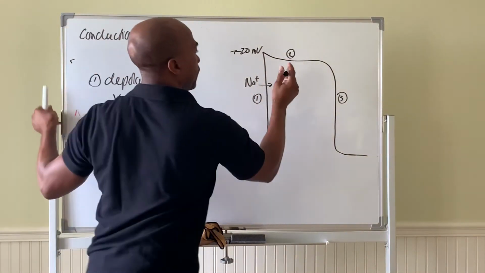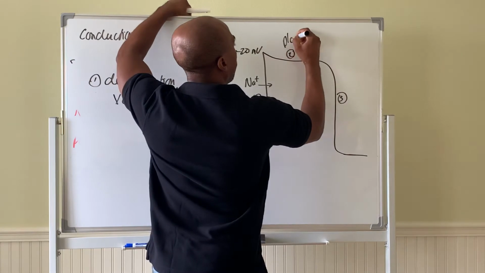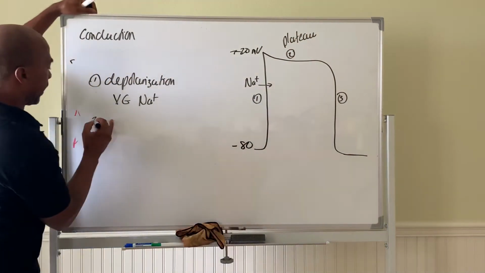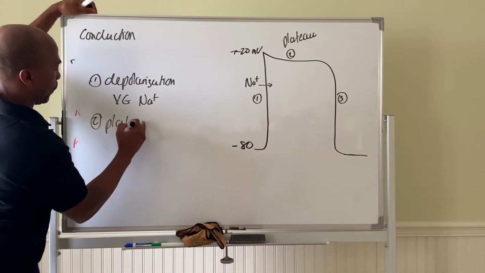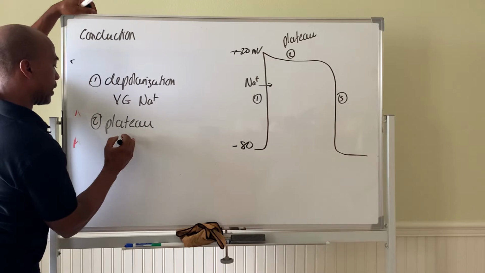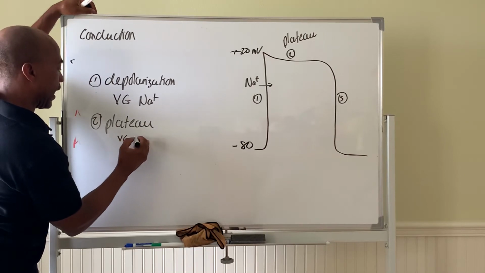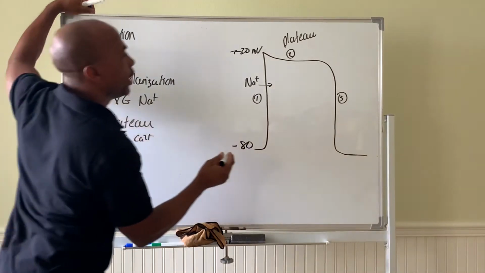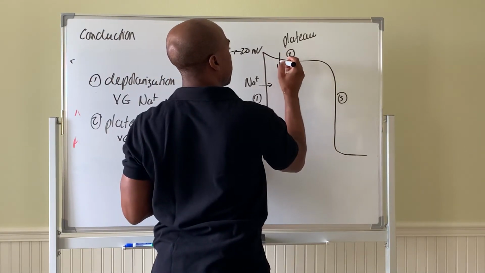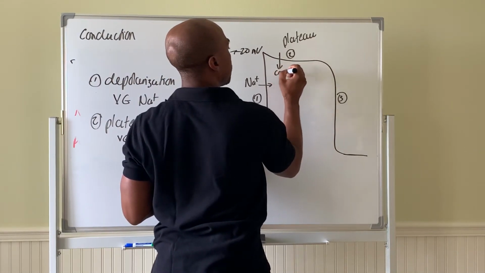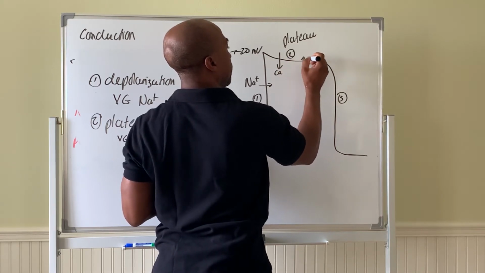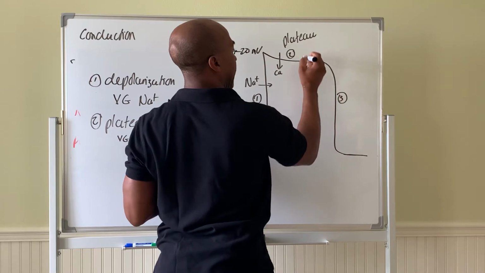This phase here is called your plateau phase. Okay? The plateau phase is due to calcium, voltage gated calcium channel. So here, calcium leaks in, but that Ca leaking in is being opposed by potassium leaking out.